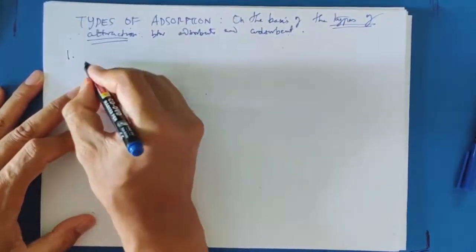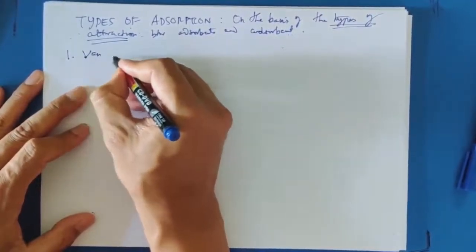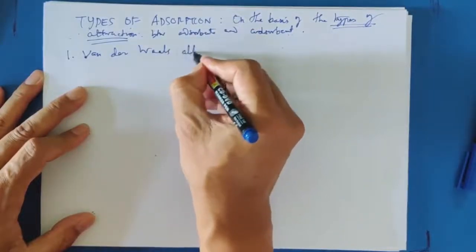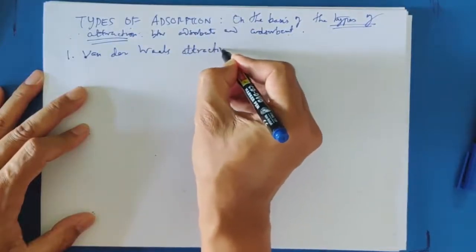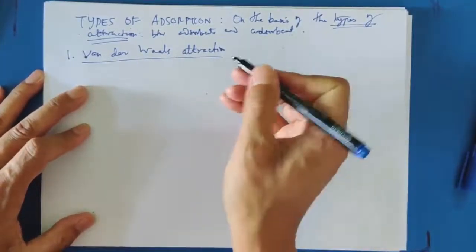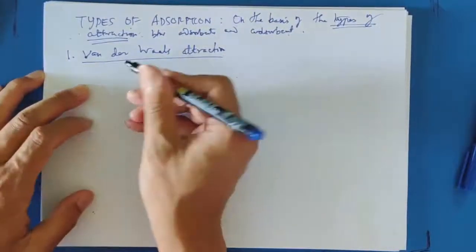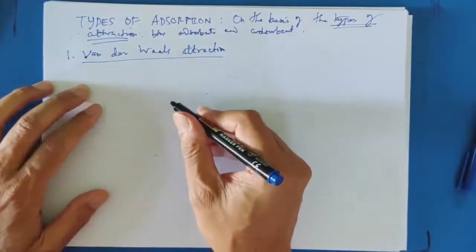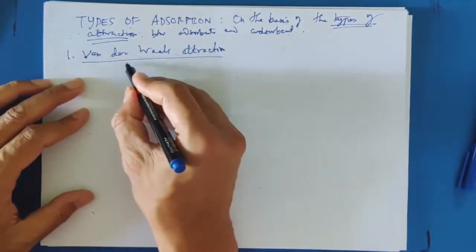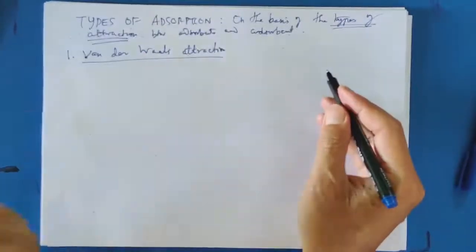Okay, adsorbate to adsorbent, what kind of attraction? Van der Waals forces of attraction. It's very weak forces. It's intermolecular forces of attraction. Intermolecular forces. Suppose van der Waals, hydrogen bonding, it's a very weak bond.